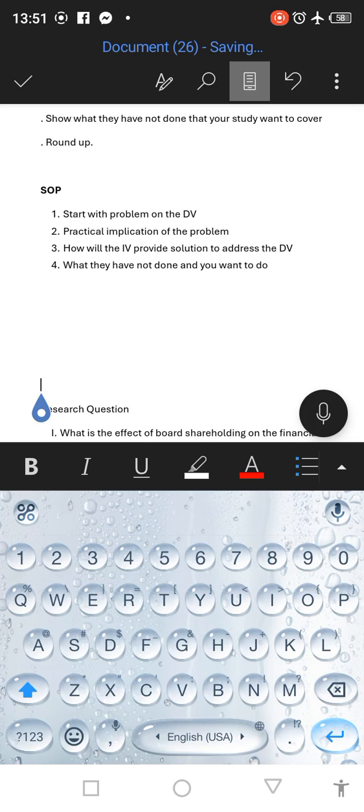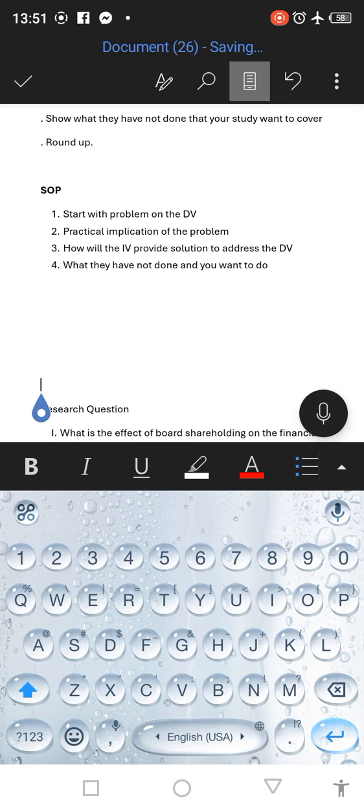For your statement of the problem, we start with the problem on the dependent variable, the one that has the problem, right? You always start with the problem on the dependent variable, but in the geographical scope of your work; you have nothing to do with the global scale now.